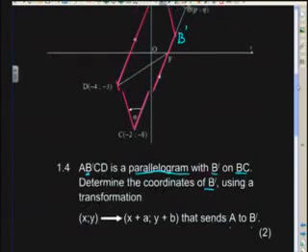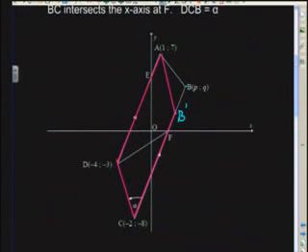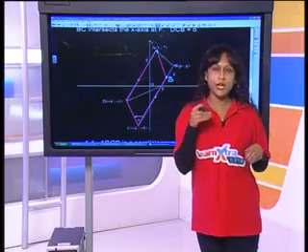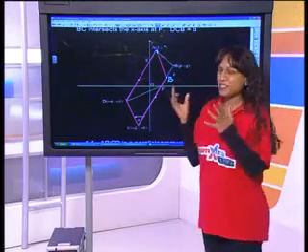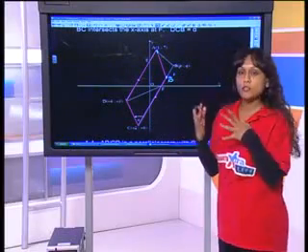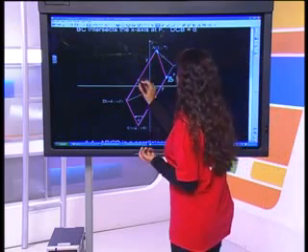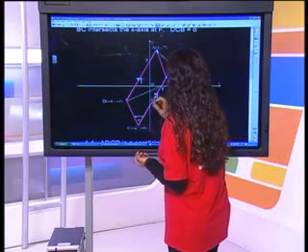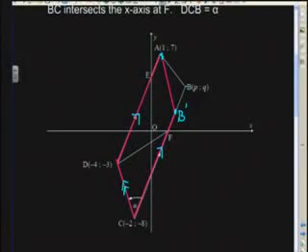So they want to know, how are you going to get from this point A to that point B prime? What transformation gets you from there to there? We obviously can't use the coordinates of A to work it out because we don't know what the value at B prime is. So we've got to look at, remember, it's a parallelogram. So in a parallelogram, opposite sides are parallel to each other.